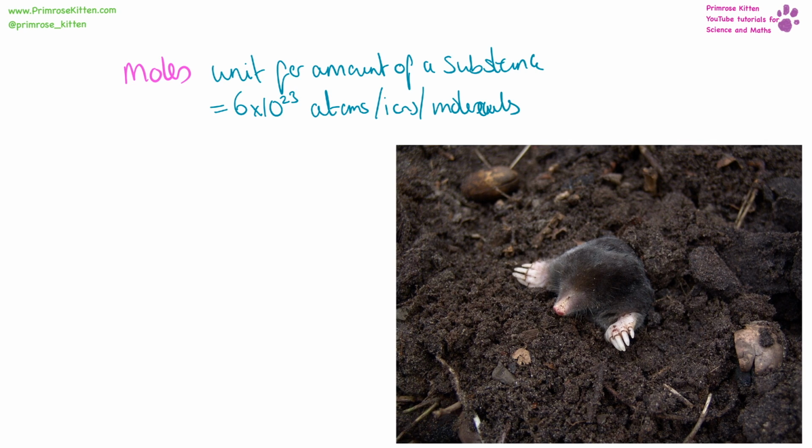And that is because that is the number of carbon atoms in 12 grams of carbon. So our equation for this is going to be moles is equal to mass over Mr.